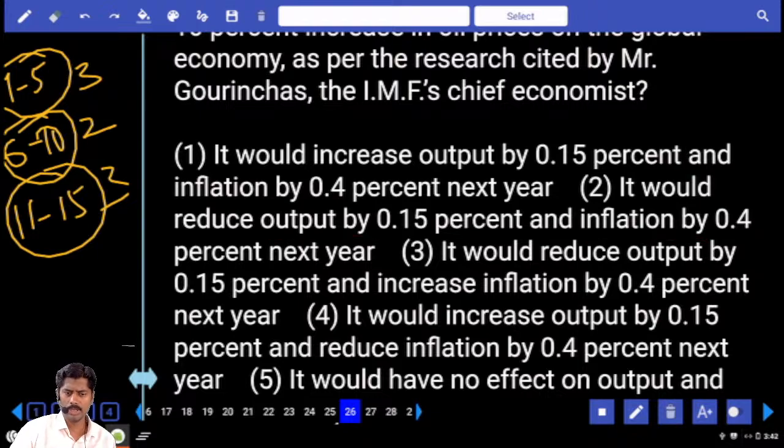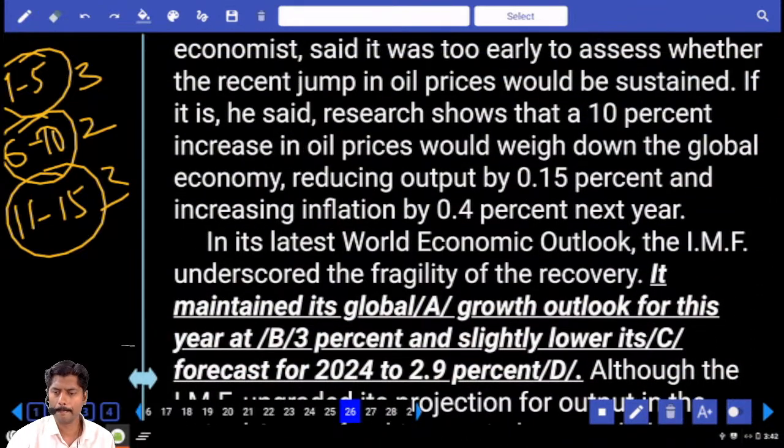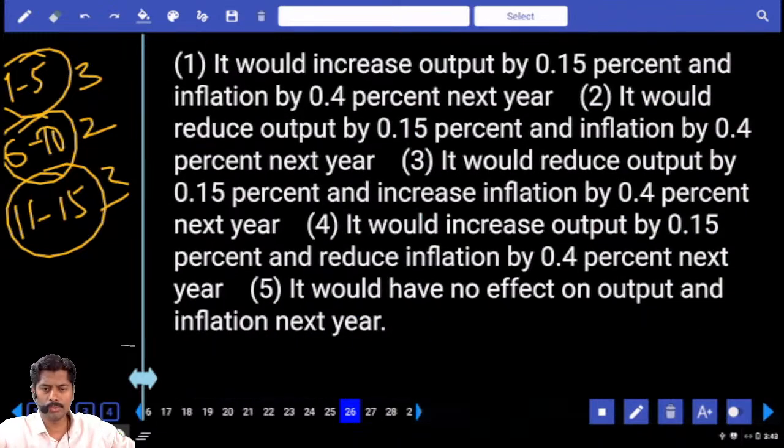No. Reduce output, increase inflation? Yes. Increase output, reduce inflation? What is actually given? Reduce output 0.15, increase inflation. Answer 3 or 4. Reduce output and increase inflation.